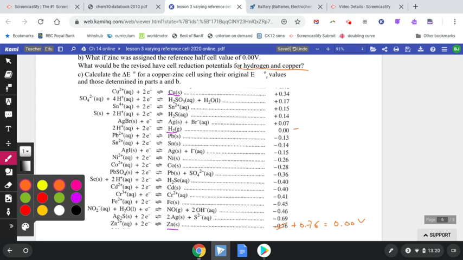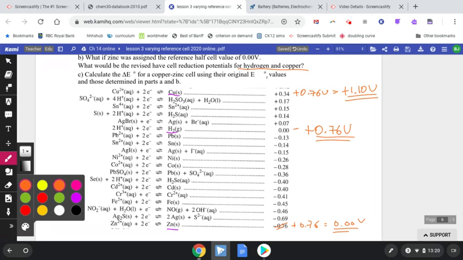So hydrogen was at 0. It would now be positive 0.76 volts. And copper would be positive 1.10 volts. Okay, so there's copper's new value, there's hydrogen's new value, and there is zinc's new value.